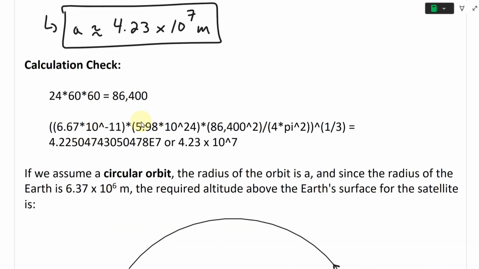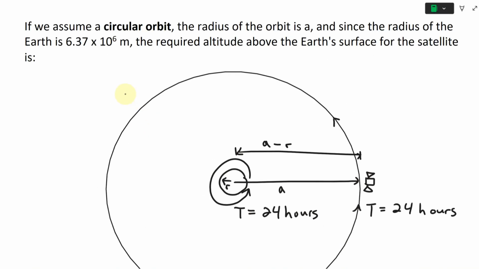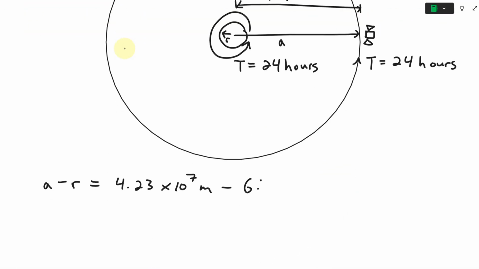And we know what A is. A is above here, 4.23 times 10 to the power of 7 meters, subtracted by the radius of the Earth, 6.37 times 10 to the power of 6 meters.